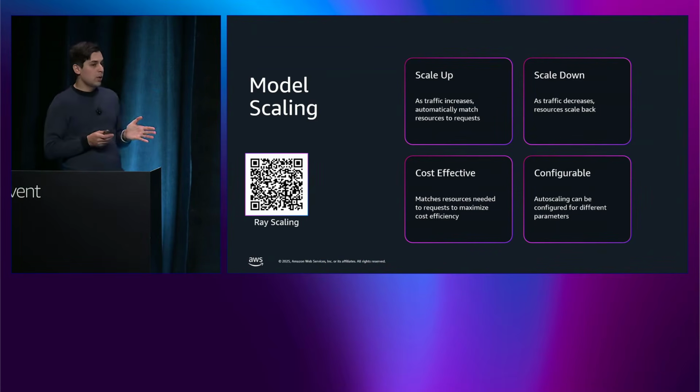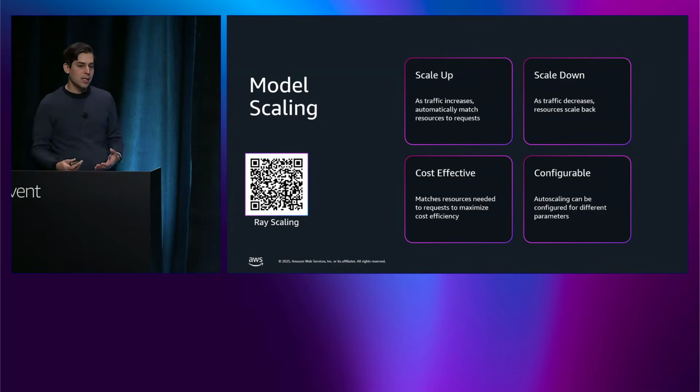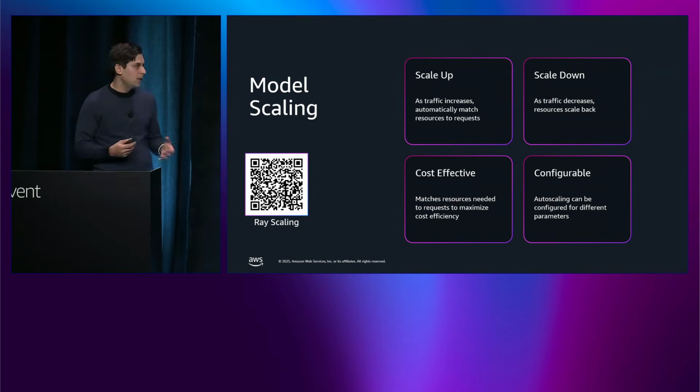In this case, we're going to look at Ray as part of the vLLM ecosystem. What we want to make sure is that as we scale up because traffic is increasing, we're not just doing it just in case. Because if you scale up your replicas, you are consuming resources whether or not they're actually in use, and that means you're not able to run other workloads, or your costs are going to increase for no reason.